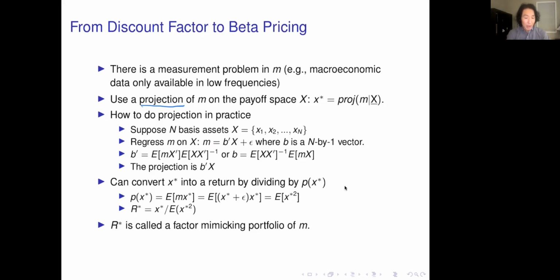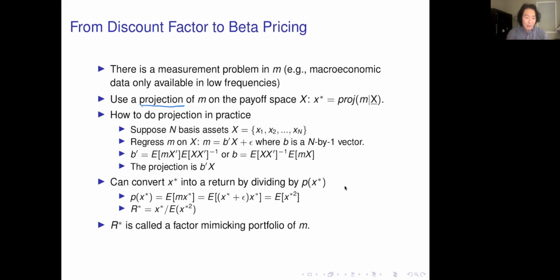So how do we do that in practice? Suppose we have n basis assets. These n assets are the basis, so they form the basis for the payoff space. So we are basically assuming that these assets will span the asset space very well.